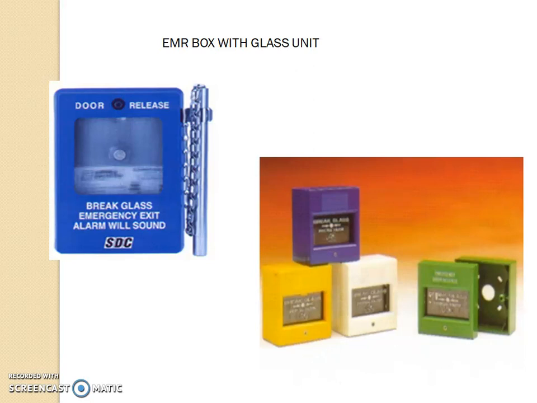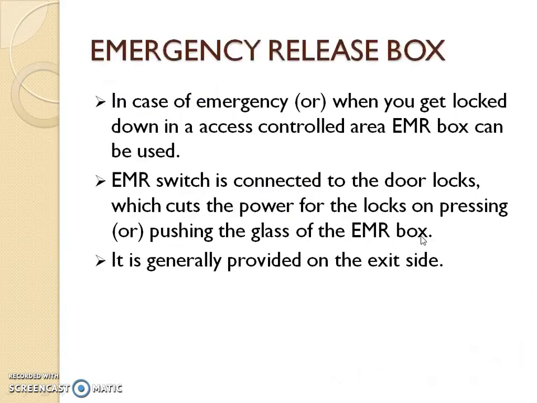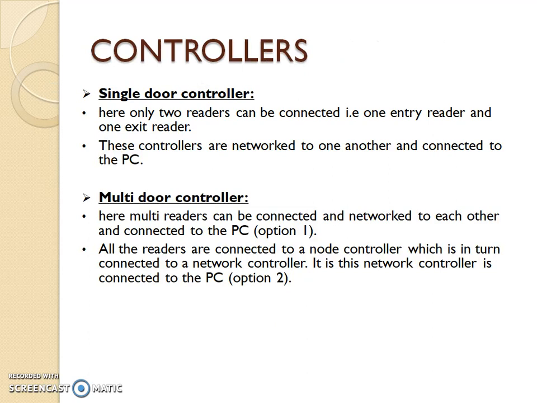The only difference between this EMR box, which is used in a door, and the one in the fire system is the color. You can see an EMR box in red color in a fire alarm device. Yes, you can see EMR boxes with different colors which are attached to the door. So the primary function of this EMR box is to release the lock in an emergency by the user.